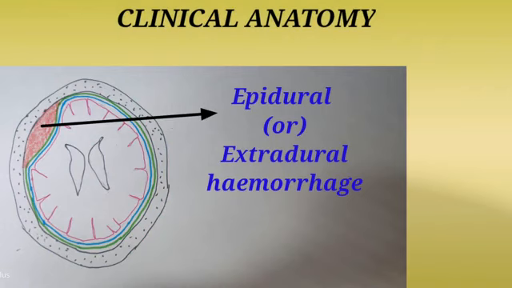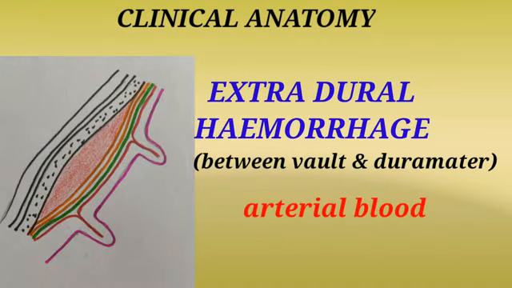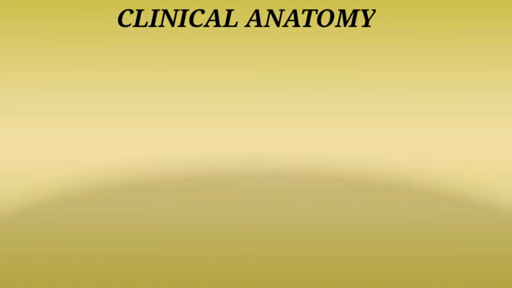Mostly, the fracture of the skull occurs during head injury caused by road traffic accident, fall or due to assault. The patient clinically manifests with loss or altered consciousness, headache, vomiting, confusion, seizures, motor disabilities due to pressure effects. The point to be noted is, in extradural hemorrhage, the source of blood is often arterial in nature.